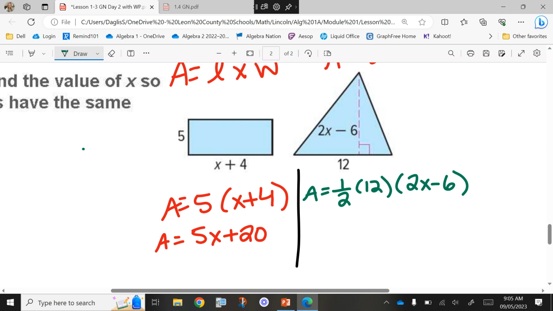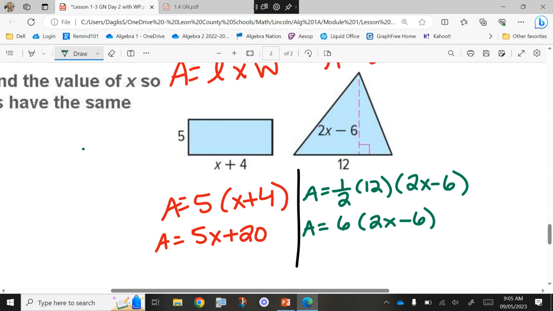Parentheses, I can't do anything with 12 or with 2x minus 6. I don't have any exponents. Next, we go into multiplying and dividing, whatever we see first. So I see 1/2 times 12 first. What is 1/2 of 12? 6, right? So that's 6 times 2x minus 6.